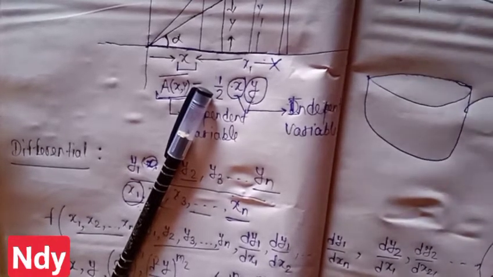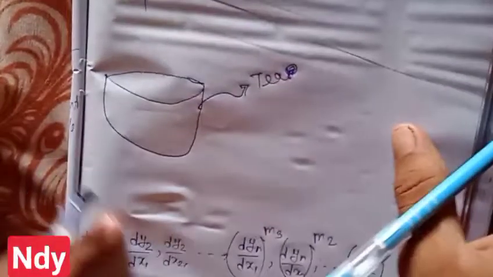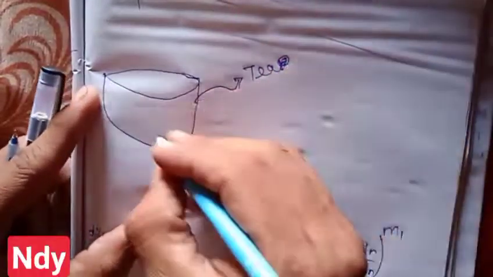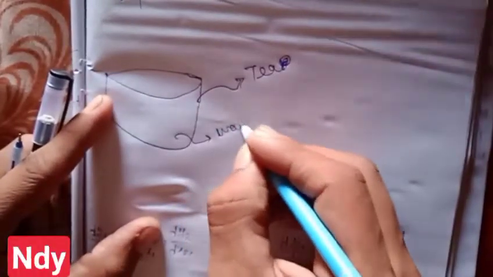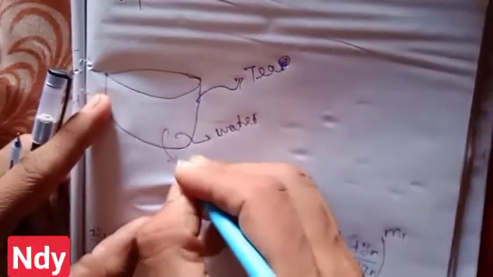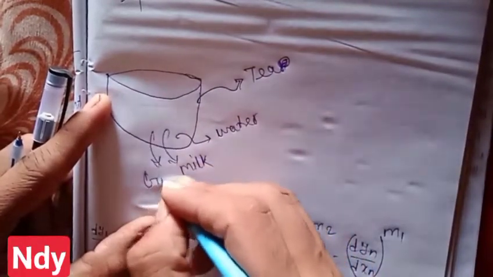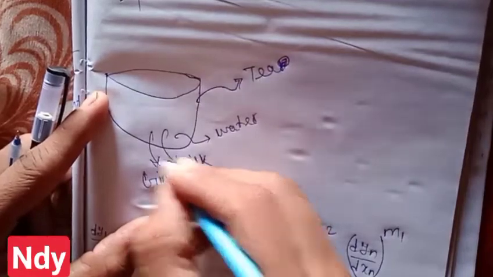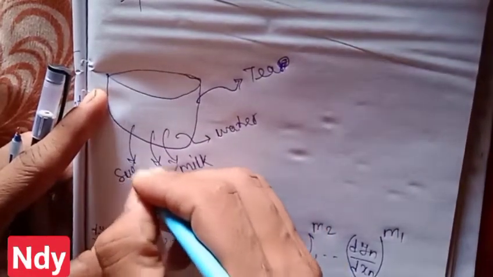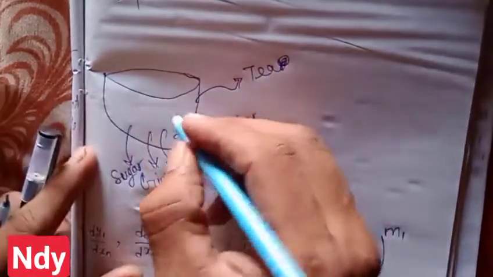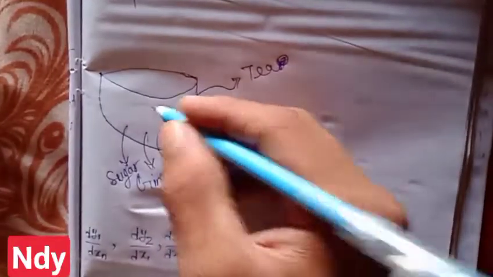So in that case our tea is a function of what? Water, milk, ginger, sugar, and also some more things.